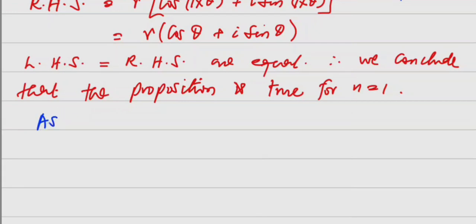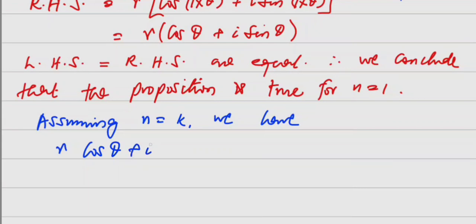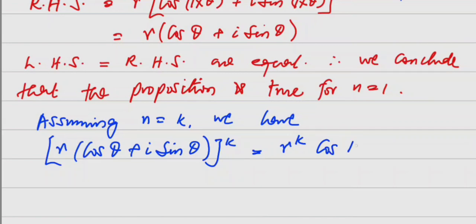So assuming n is equal to k, we have r(cos theta plus i sin theta), everything raised to power k, is equal to r raised to power k (cos k theta plus i sin k theta).